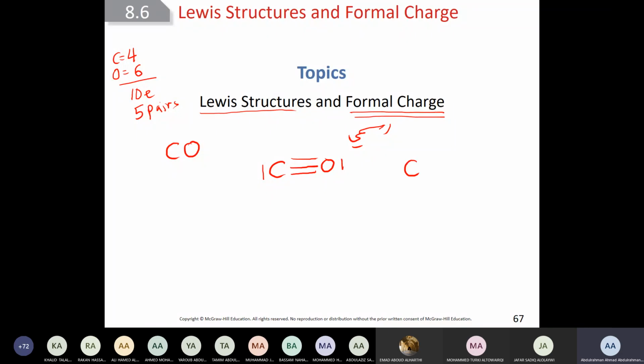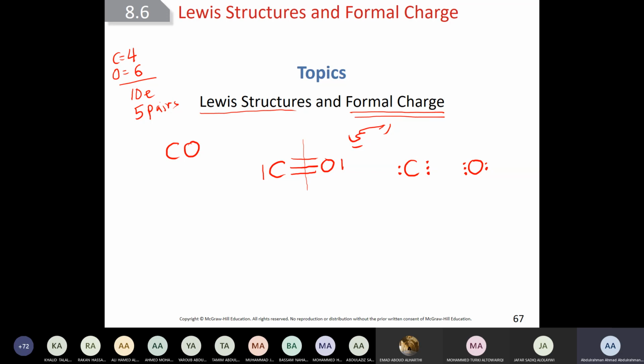I can say C and then O. I can draw it like this, right? And each 2 is actually a bond, but I'm not going to draw the bond. I'm going to make it like this, as if I separated the electrons like this. Clear? Very good.